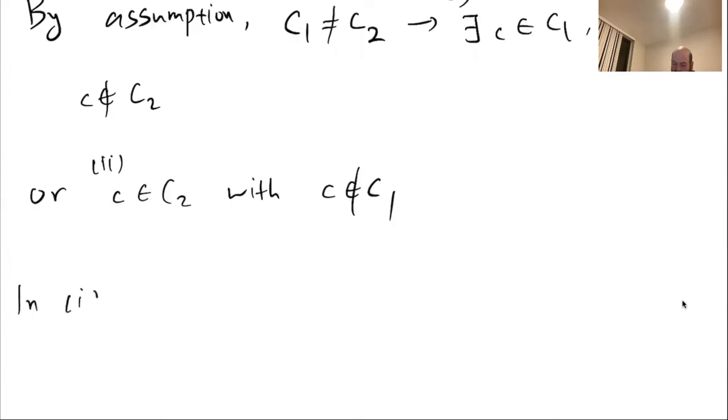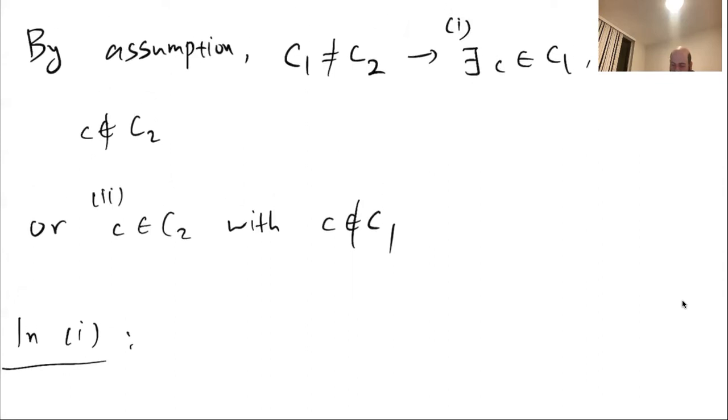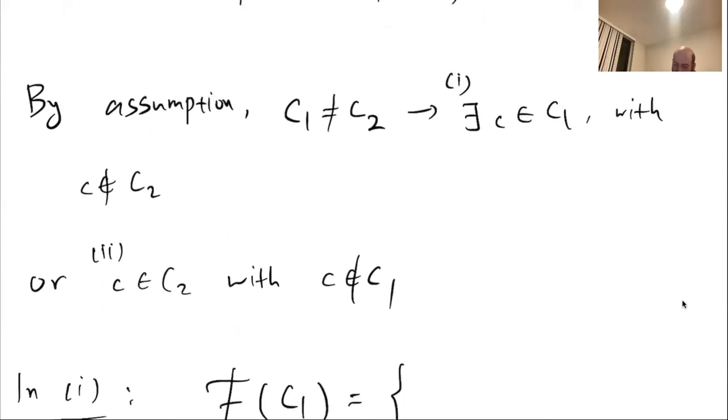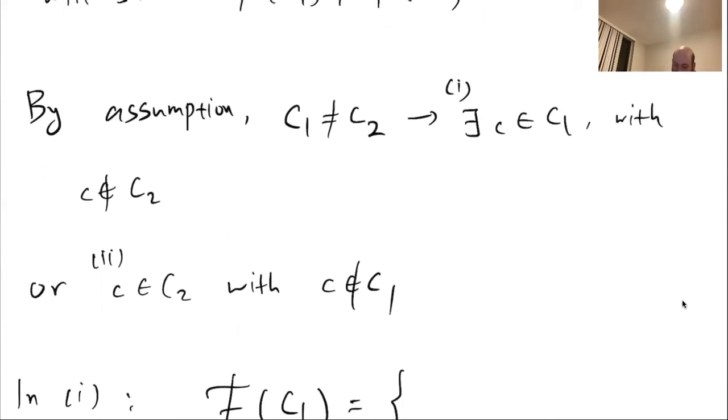In possibility 1, let's look at curly F of C1. Let me call this element alpha, because I called an arbitrary element of these sets small c.